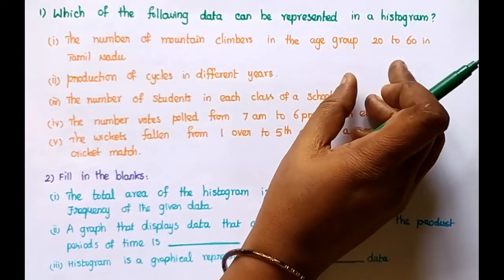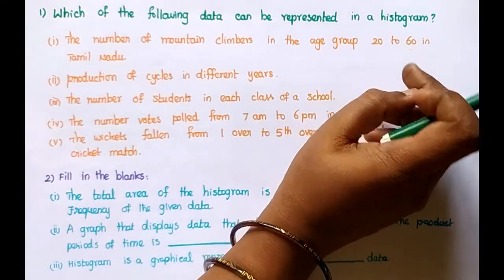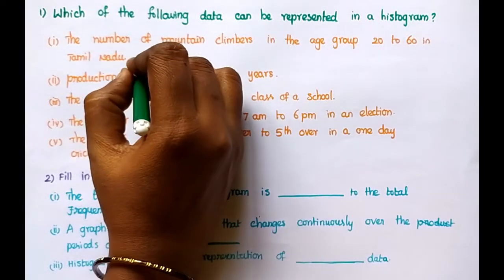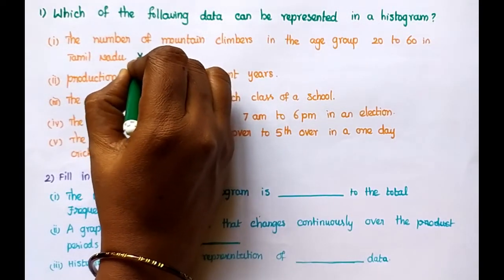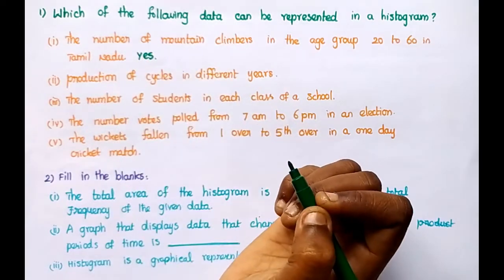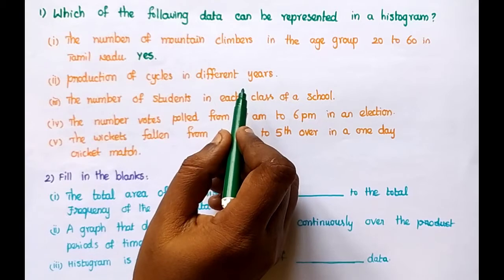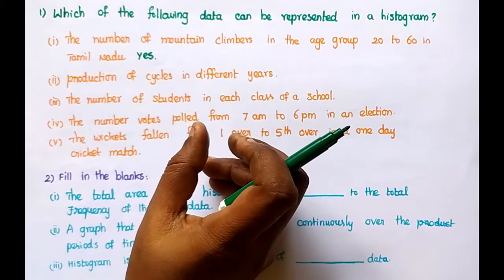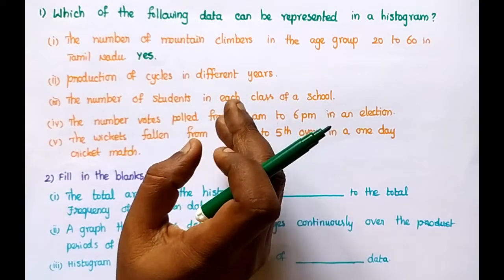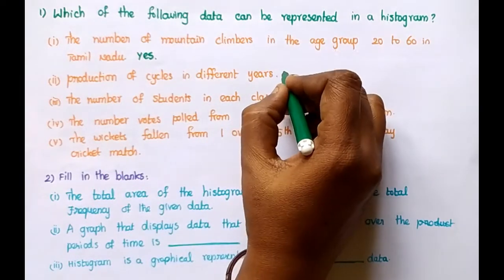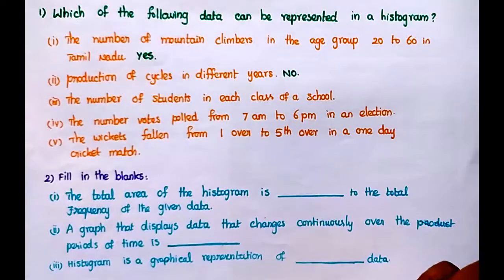Listen, they have given the class interval 20 to 60, so it can be represented in a histogram. So yes. Next one, production of cycles in different years. They have not given the limits, so that is no.